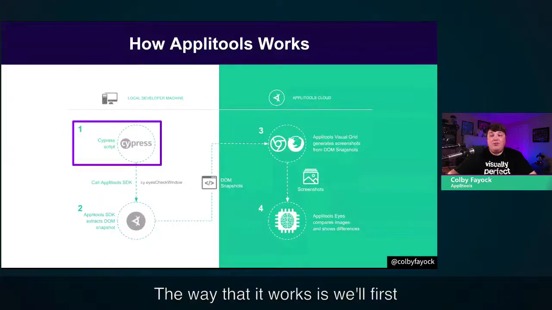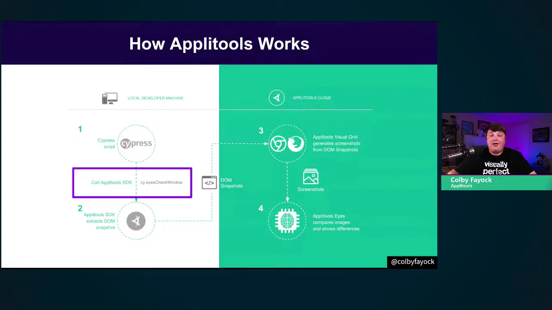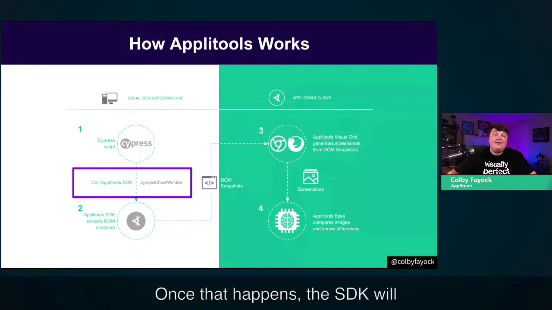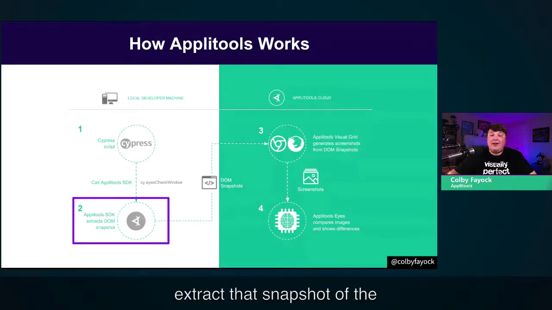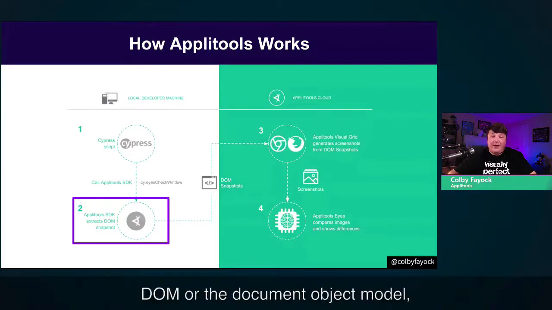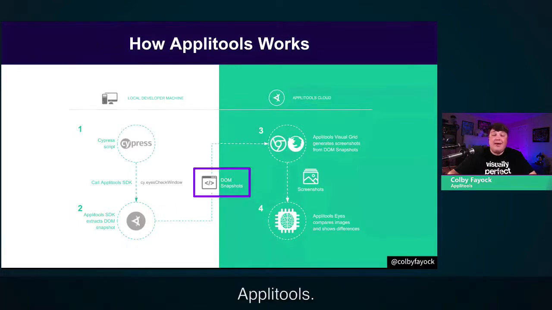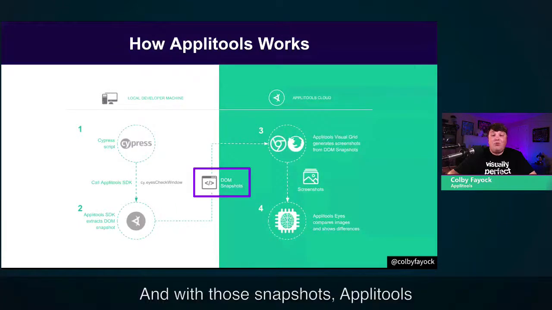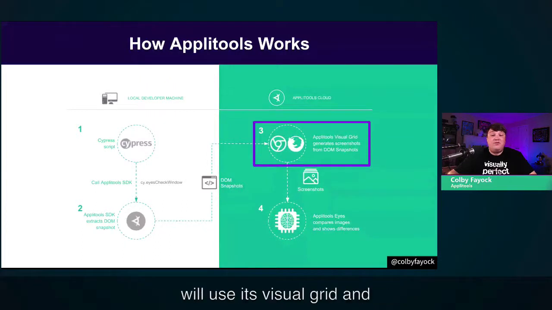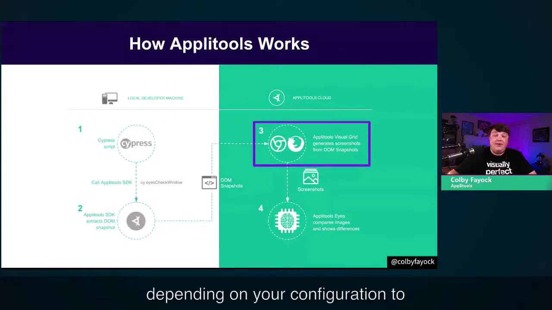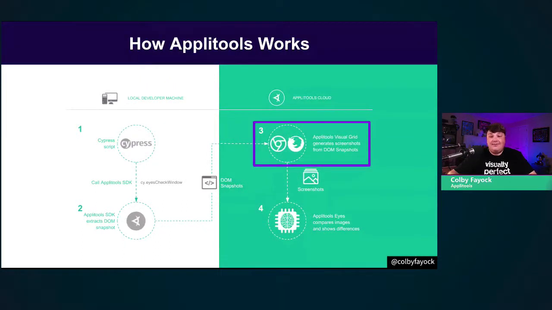The way that it works is we'll first install the SDK in our project straight from npm. We then call that SDK to capture our snapshot. Once that happens, the SDK will extract that snapshot of the DOM, or the document object model, which is the underlying tree of elements inside of the browser. Then upload that snapshot to Applitools, and with those snapshots, Applitools will use its visual grid, depending on your configuration, to generate those screenshots.